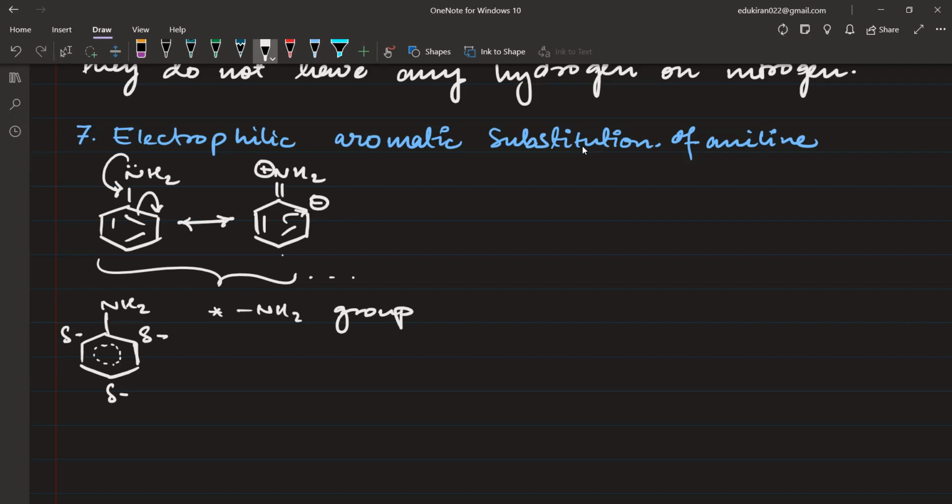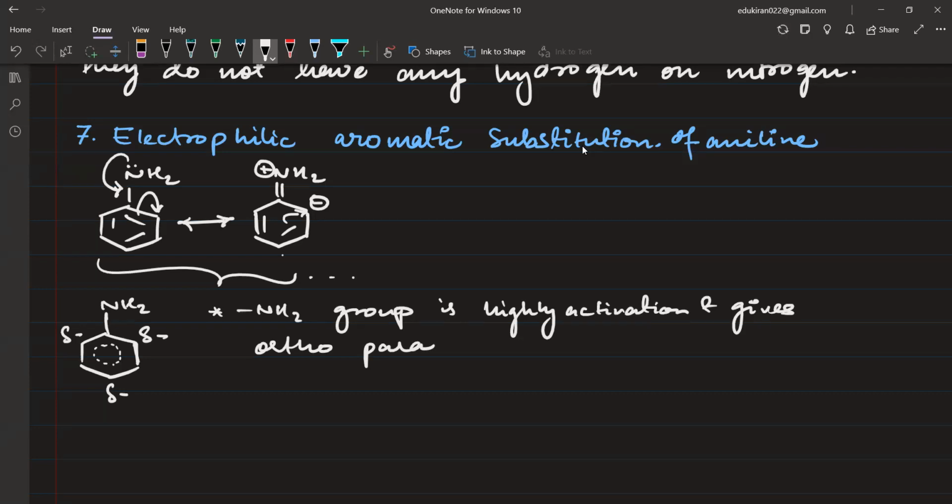NH2 group is highly activating and gives ortho para products.